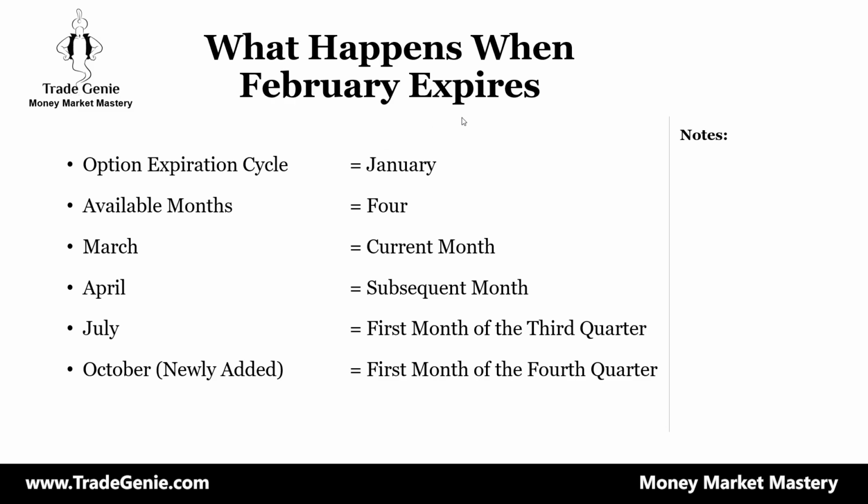Now, what happens when February expires? It's the same stock, the January cycle stock. February expires on February 17th. When February expires, March was already there, so it becomes the current month, but then we need a subsequent month, April.